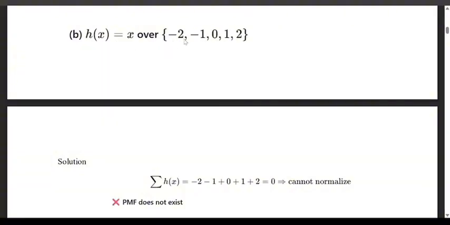But if you sum the H of S, you're going to see that it's going to be zero, which means you may not be able to find your C. C is going to disappear. When C disappears, it means it cannot be normalized. So a probability mass function does not exist in that situation.